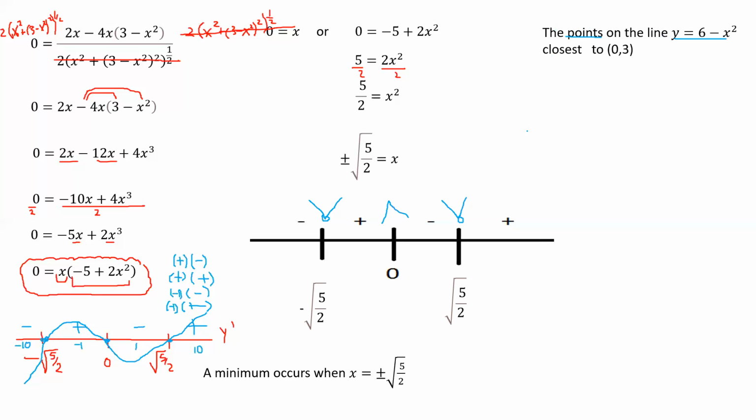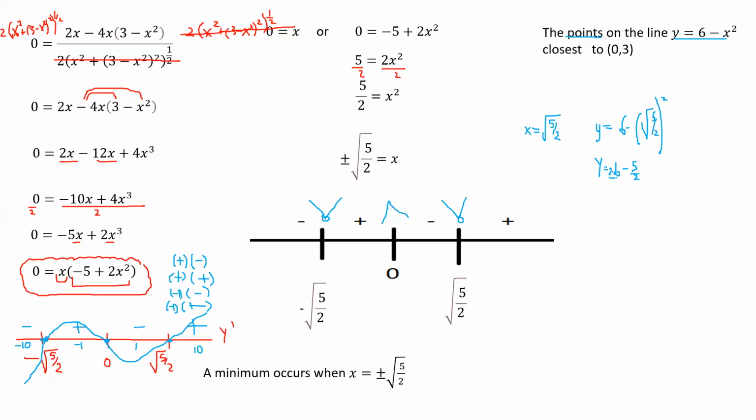So let's start with x equals root 5 over 2. And I always start with a positive because it's simpler, and maybe there's a quick way of doing the other one. So y would equal 6 minus root 5 over 2 squared. Well, isn't that lovely? So we'll get 6 minus 5 over 2. Okay, get ourselves a common denominator.